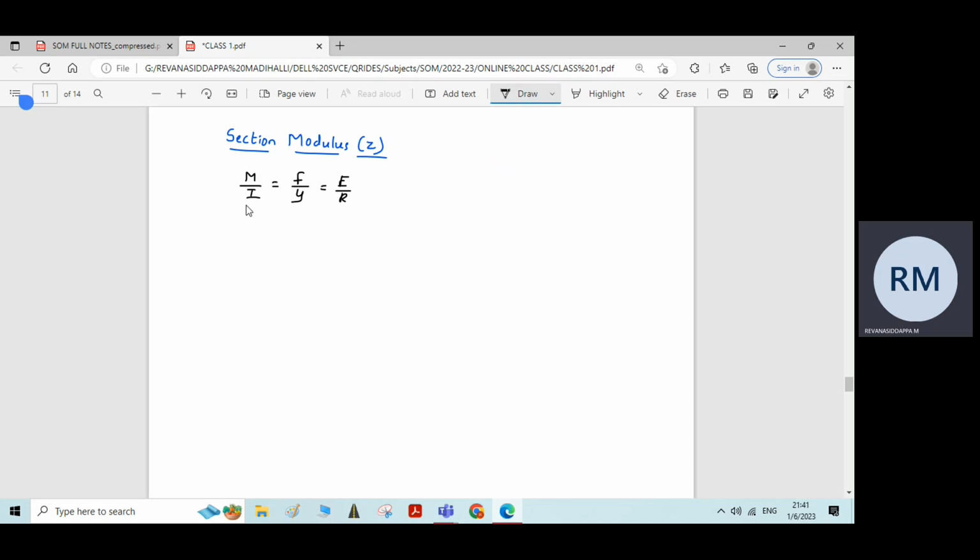Now in this bending equation, I'll consider these first two equations. Here F becomes equal to M by I into Y. We know that the bending stress F will be maximum at the extreme fiber of the beam.